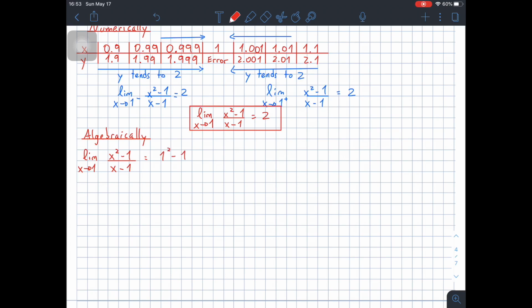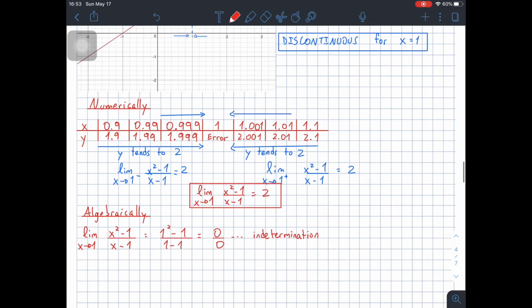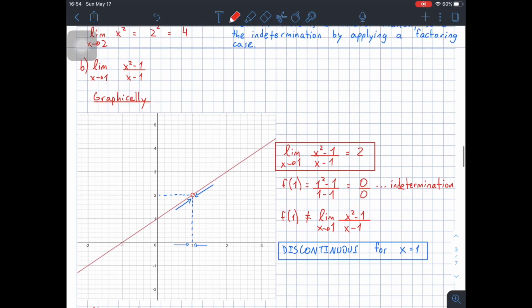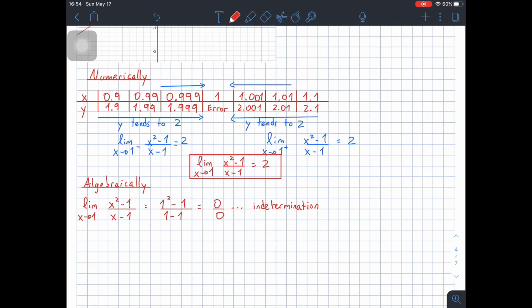So this is 1 squared minus 1 over 1 minus 1. This gives us 0 over 0. So this is an indetermination. But we're not getting the same values as we got here and here.